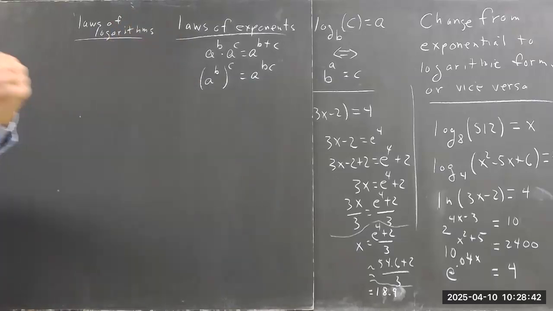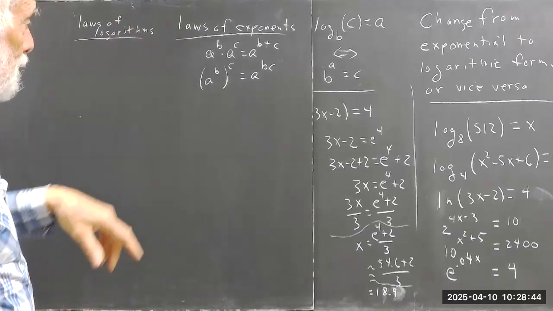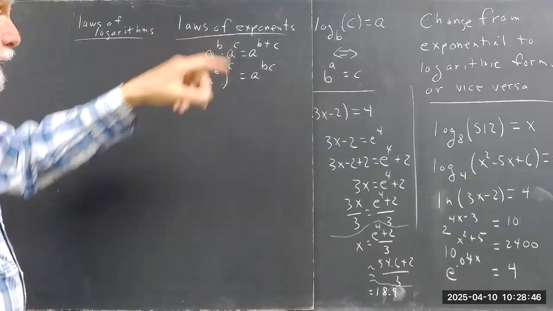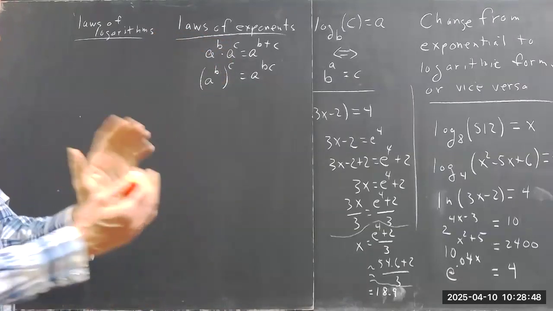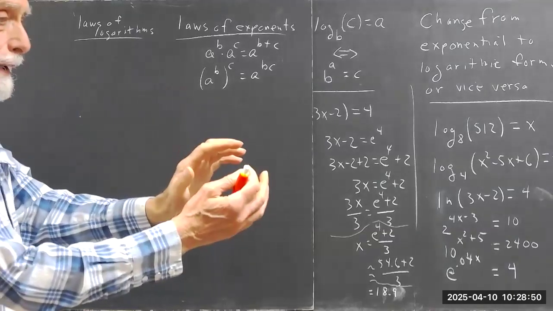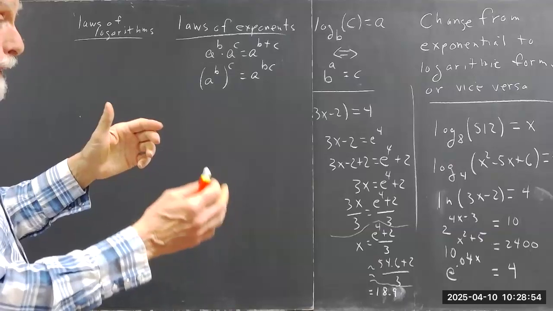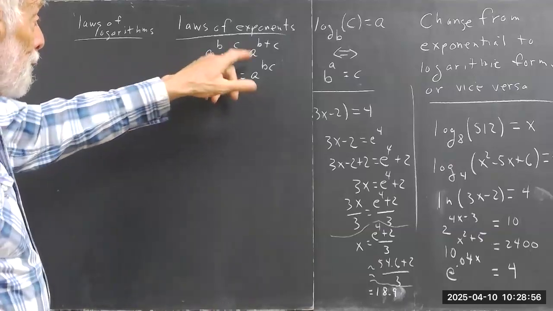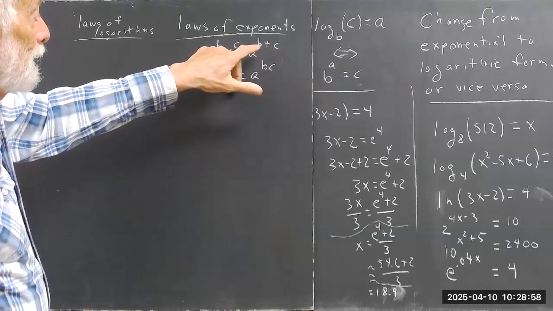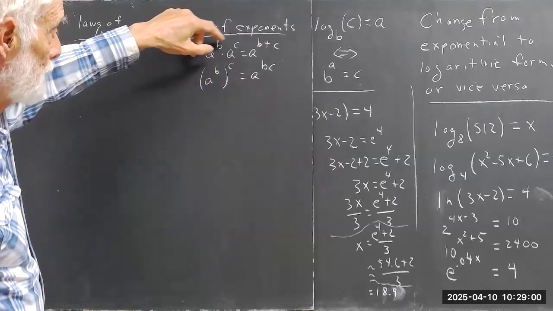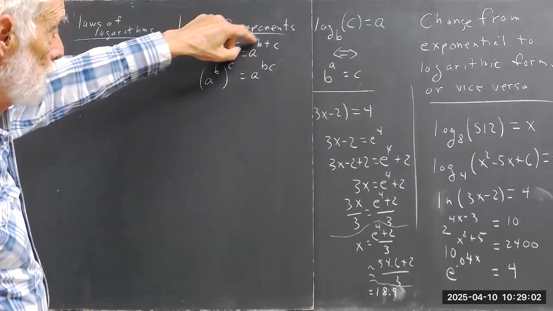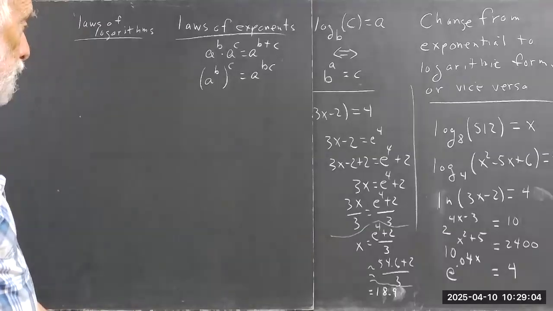You would usually write it as like a squared times a cubed. That's a times a multiplied by a times a times a, which gives you 5 a's. That's a to the b plus c. A squared times a cubed is a to the 2 plus 3, which is a to the 5th.